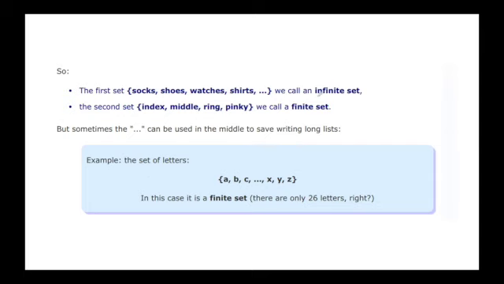So you can see here the difference between an infinite set and a finite set. An infinite set is a set that has infinity. So you can make a note of that, right? An infinite set has an untold amount of elements.